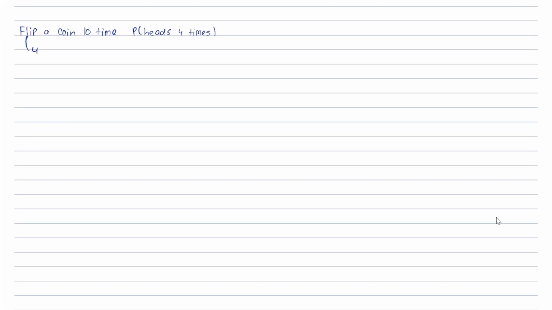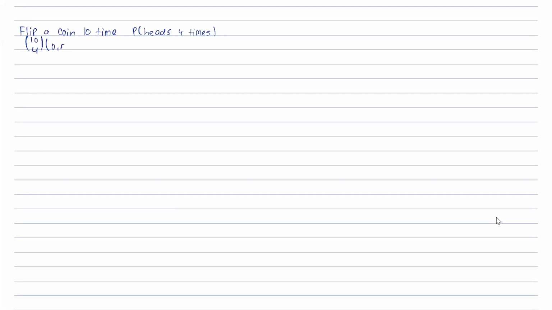Can you write the formula? Yeah, I'm going to do that right now. This is just the condensed version. So k is going to be 4. That's the number of times we want this outcome to occur. And 10 is the total number of trials, or n, right? Multiplied by the probability of getting a success, or the outcome that you want, which is heads.